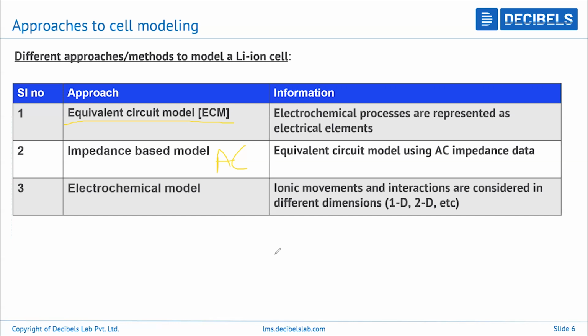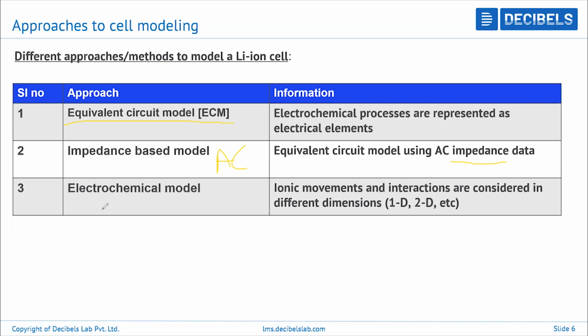So if you supply some AC signal, suppose a very small magnitude, high frequency AC signal, to the cell, then we get an AC voltage response. And it is from this that we get what is called as impedance. Normally we would refer to it as internal resistance, but in case of the impedance-based model, we refer to this as AC impedance. So there is another approach that is the impedance-based model.